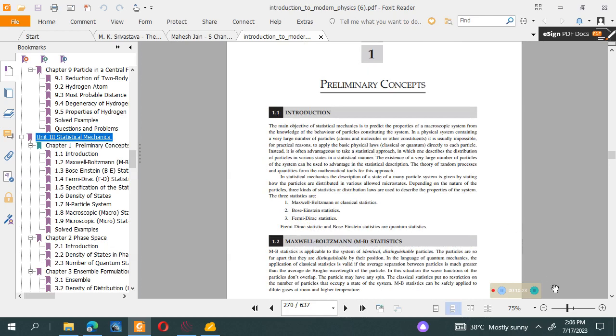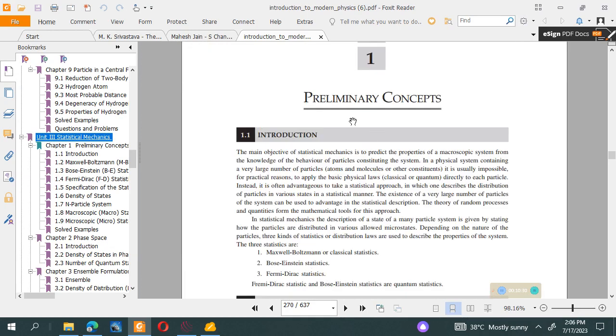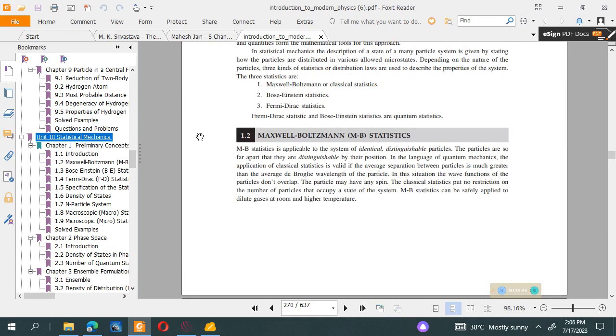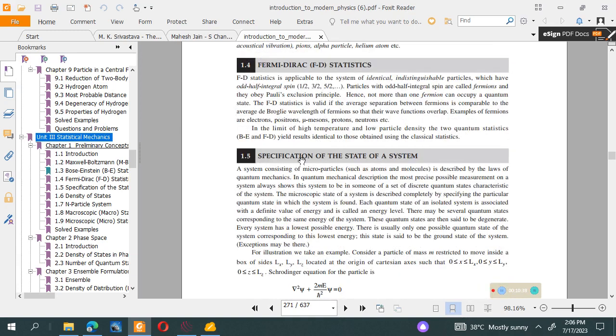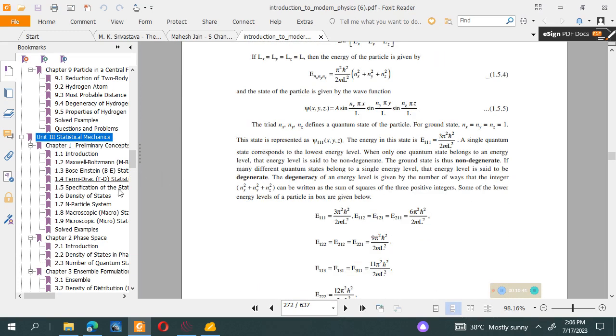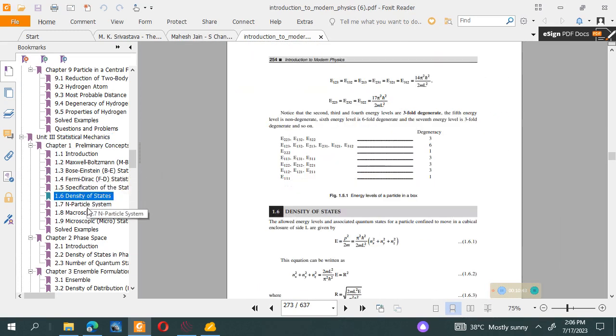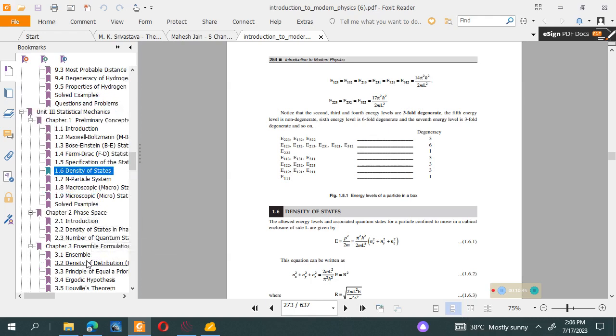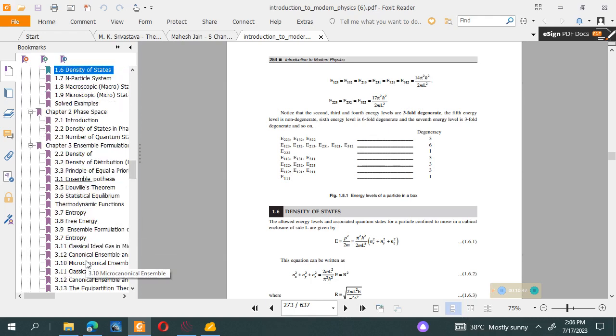Singh. This contains a very good detail about statistical mechanics, Maxwell-Boltzmann statistics, Bose-Einstein statistics, Fermi-Dirac statistics, and similarly different types of examples, density of states. You can see that all of the details are discussed in depth.